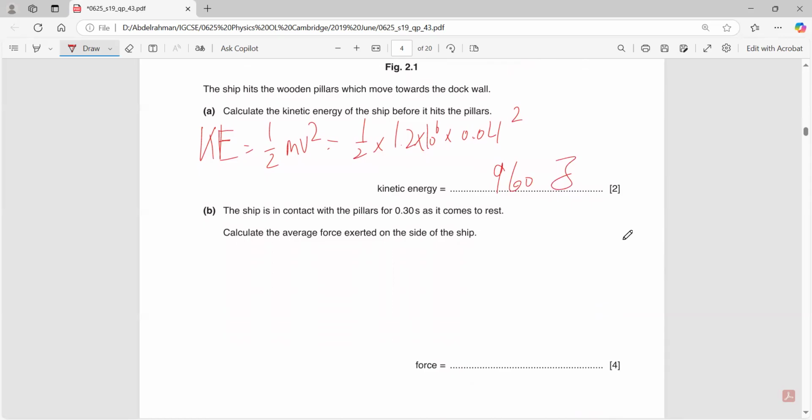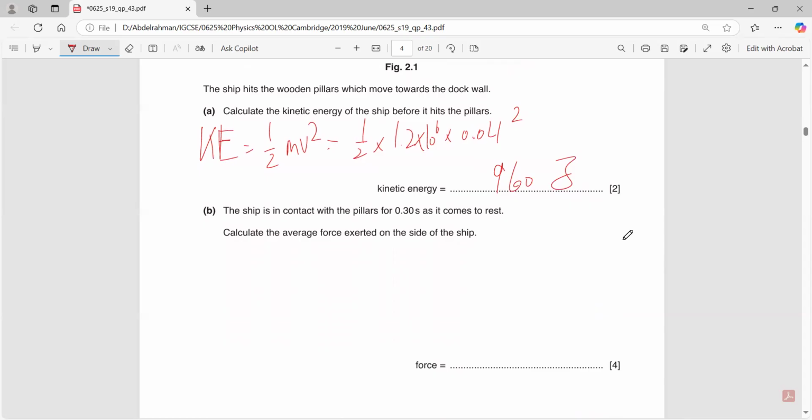The ship is in contact with the pillars for 0.3 seconds as it comes to rest. Can I find the force applied on the ship? Yes, I can. You can use one of two equations.